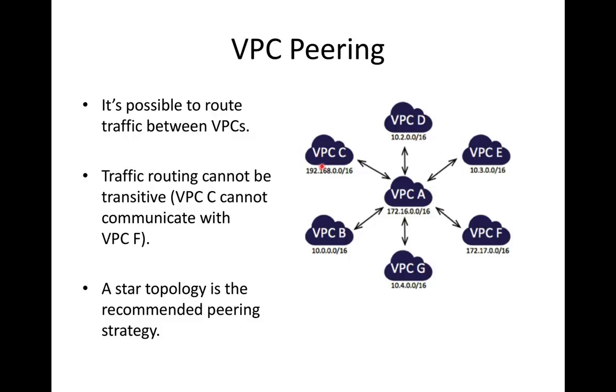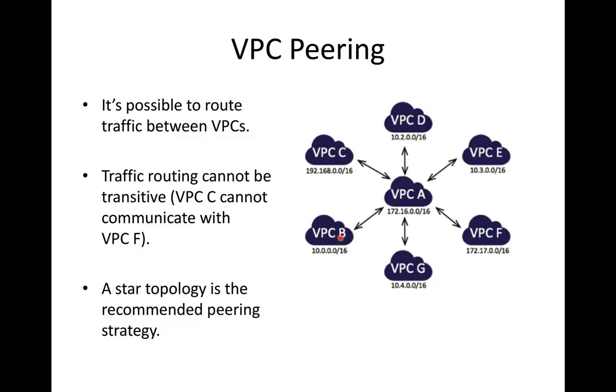The other caveat is that VPC peering does not support transitive communications, meaning that in this example, you see VPC B is connected to VPC A, and VPC A is also connected to VPC E. Well, it's not possible to route data from VPC B directly to VPC E through VPC A. The VPC peering connections are not transitive.